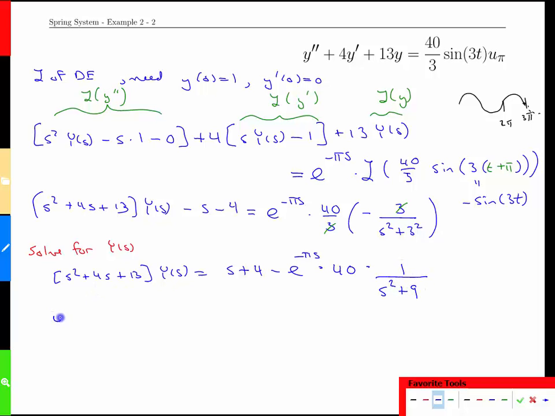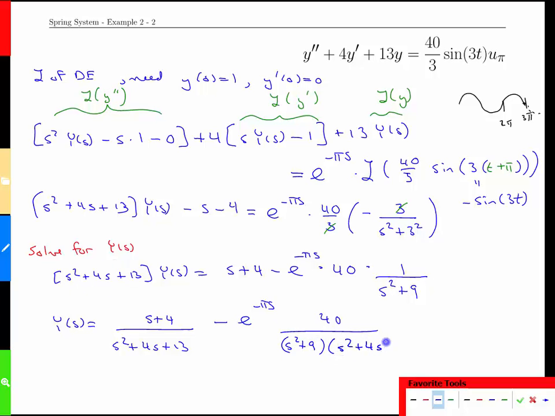And then y of s is going to have two components to it. S plus 4 over the s squared plus 4s plus 13 minus e to the minus pi s 40 over, there was an s squared plus 9, and now we're also dividing by this other quadratic term, and that is what we get for the transform version of our solution.